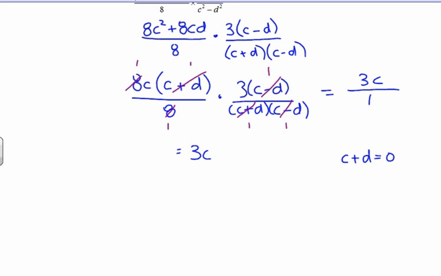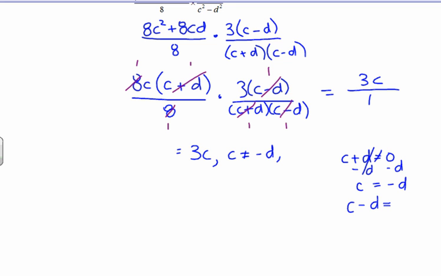Subtract what? D. So c can't be equal to 0 minus d, which is just negative d. So c can't be equal to negative d. Now we have to do the other one. C minus d can't be 0.